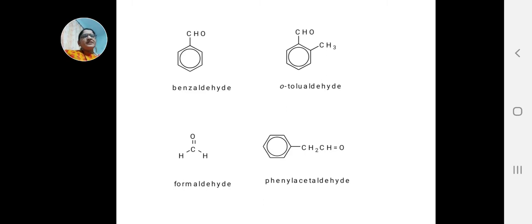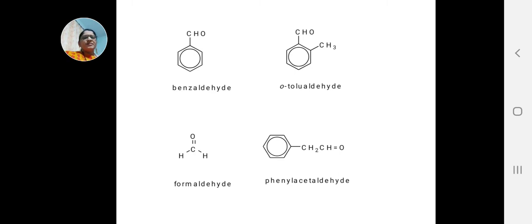Then the second one, orthotolualdehyde, means the aldehyde group is attached at the ortho position of toluene, hence the name of this compound is orthotolualdehyde.